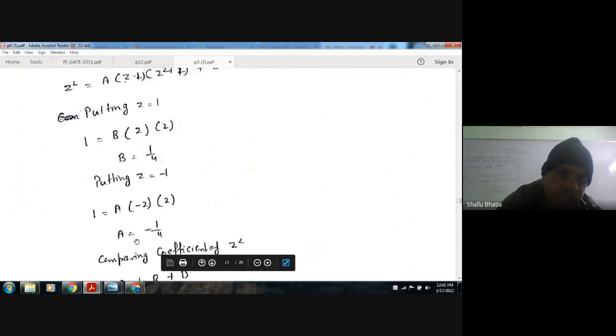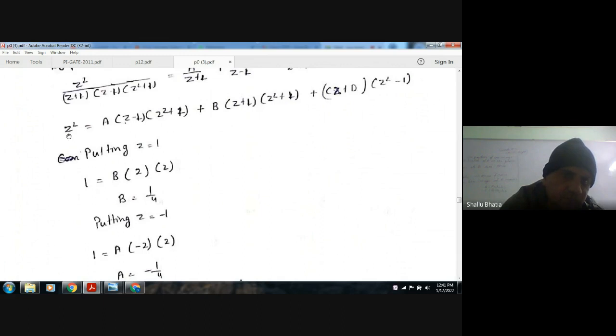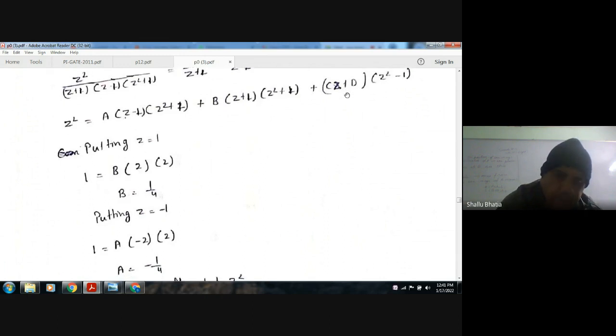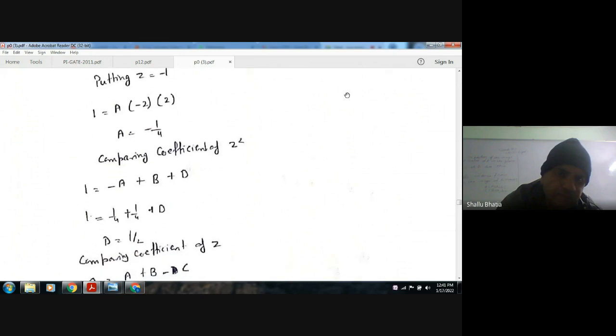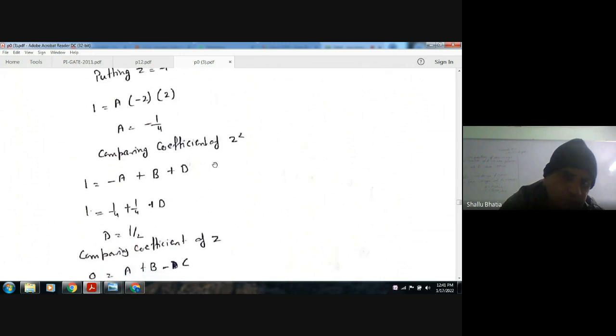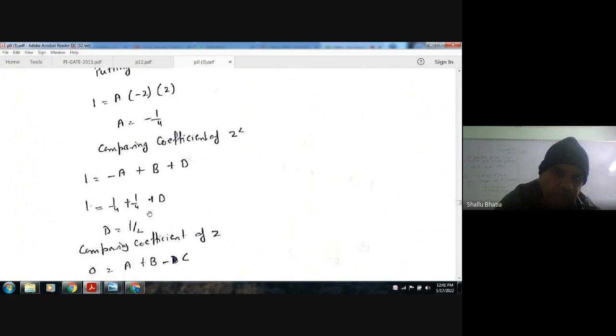Comparing the coefficient of z cube, on the left it is 0, on the right it is A plus B plus C, and comparing the coefficient of z square, on the left it is 1, and on the right it is minus A plus B plus D. So minus A plus B plus D is 1, and A is minus 1 by 4, B is 1 by 4, so D can be written as 1 by 2.